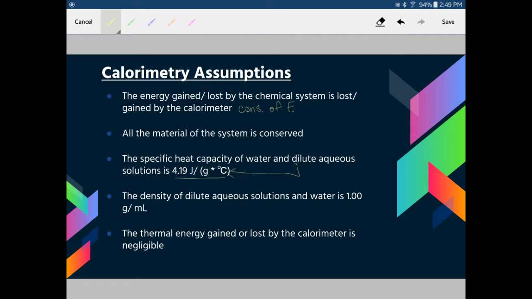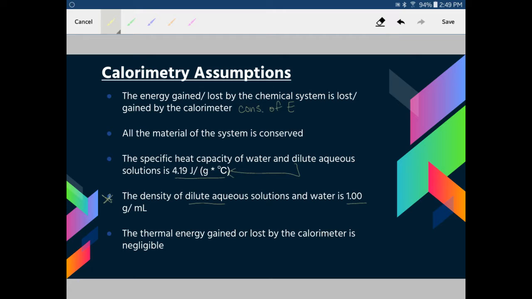The density of aqueous solutions in water is 1 gram per milliliter. So if density plays a part in our questions, that is what we can consider. Again, with these dilute aqueous solutions, a small amount of solute doesn't affect our values enough.